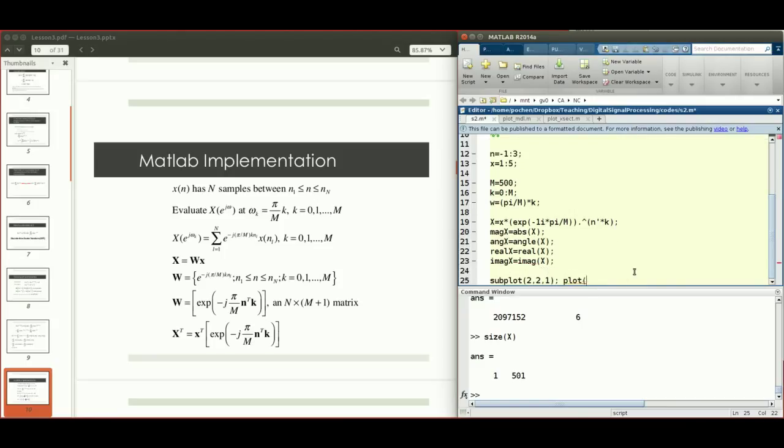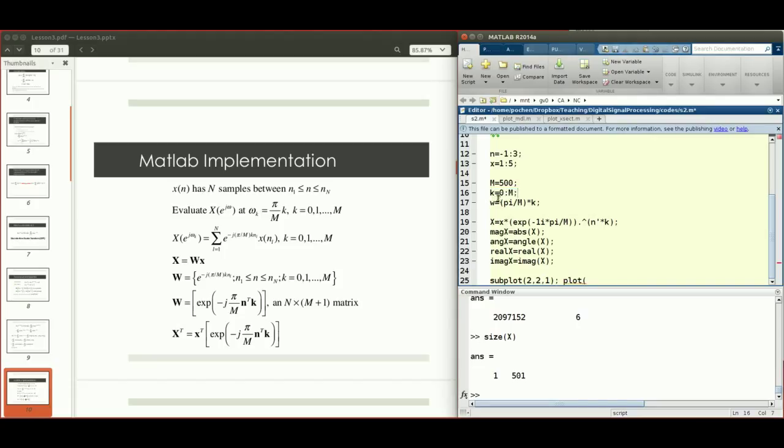So what's going to be my horizontal axis, right? I can use w, in terms of the omega that goes from 0 to pi. But I can also use, for example, k, that goes from 0 to 500. So I'm going to normalize it.